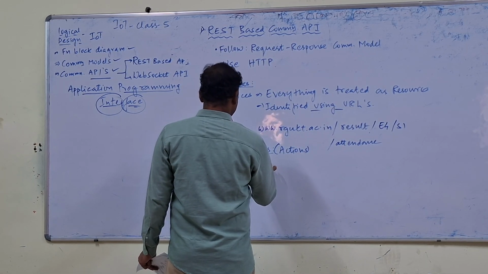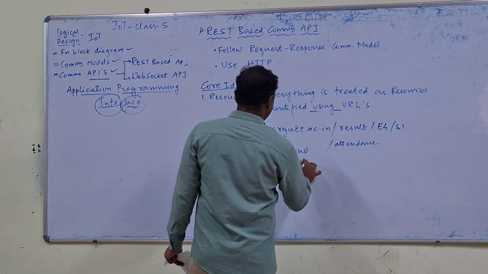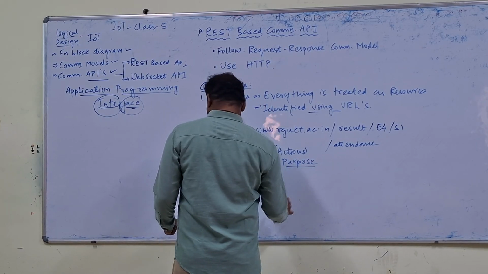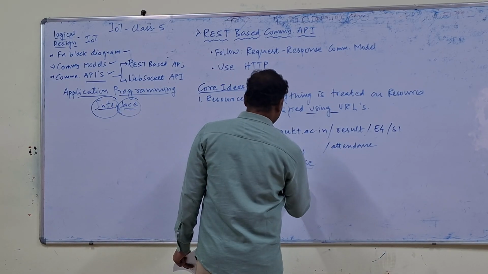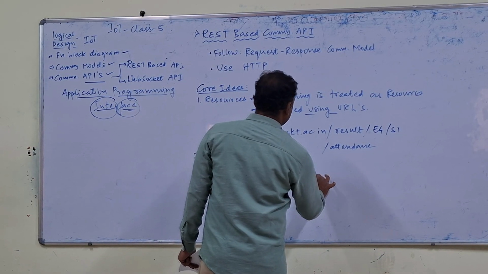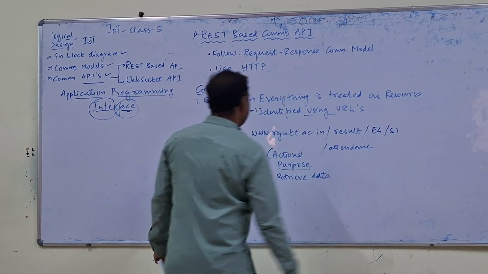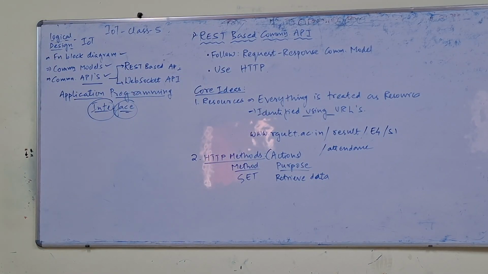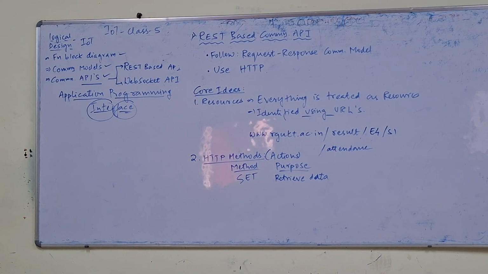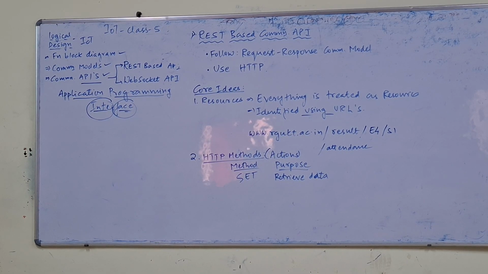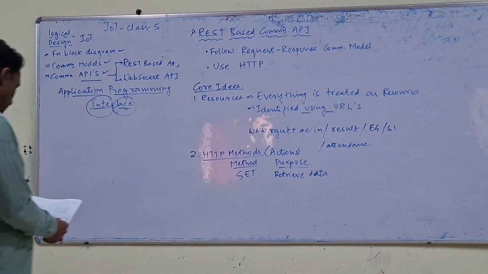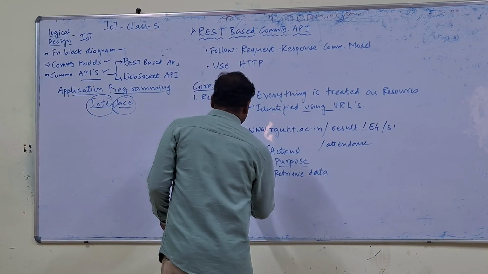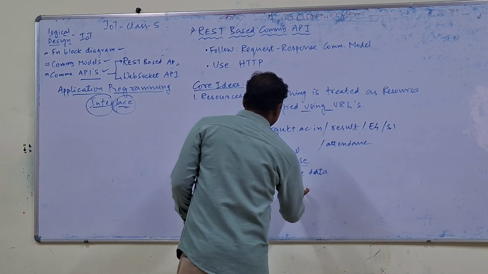For example, method and purpose. GET means retrieve the data. POST, send new data.